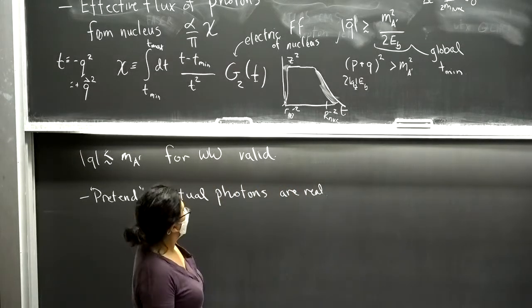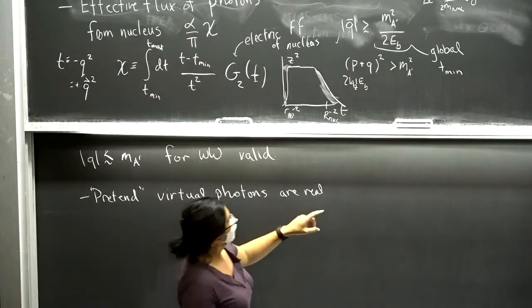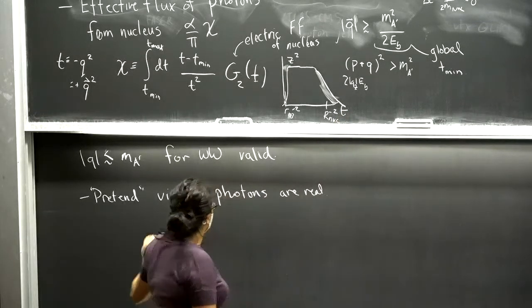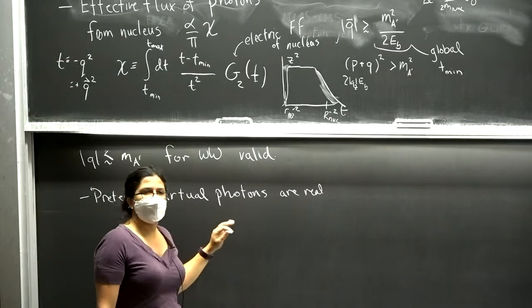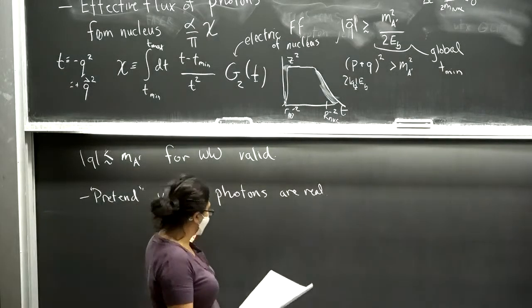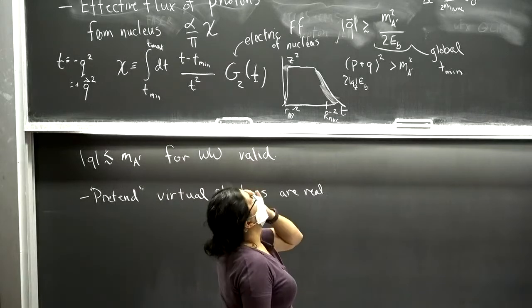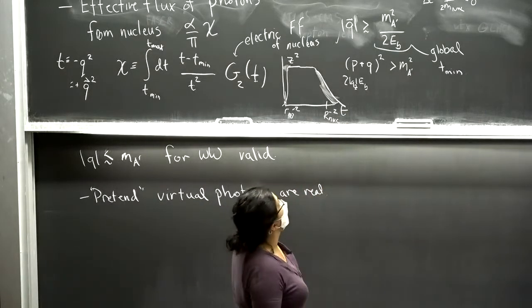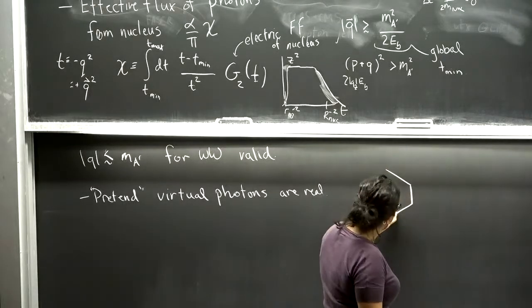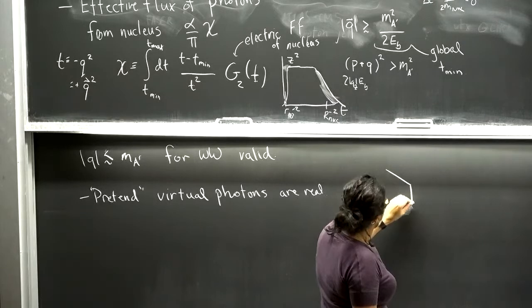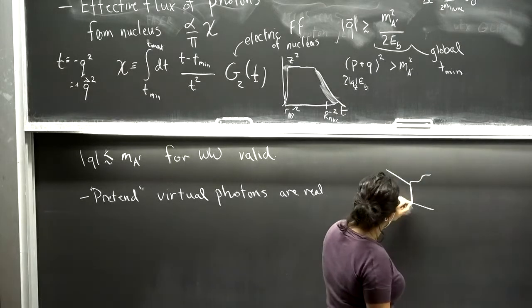Which means you can simplify this, and this is not as bad of an approximation as it sounds like. It sounds like a terrible approximation. Come on, is it virtual or is it real? But you can use gauge invariance to show that actually it's not as big of a problem as you might think.